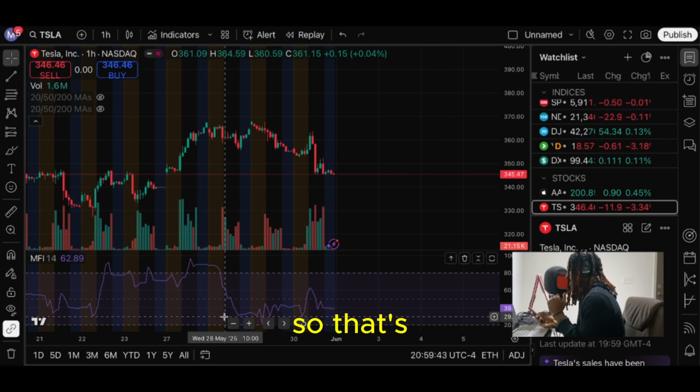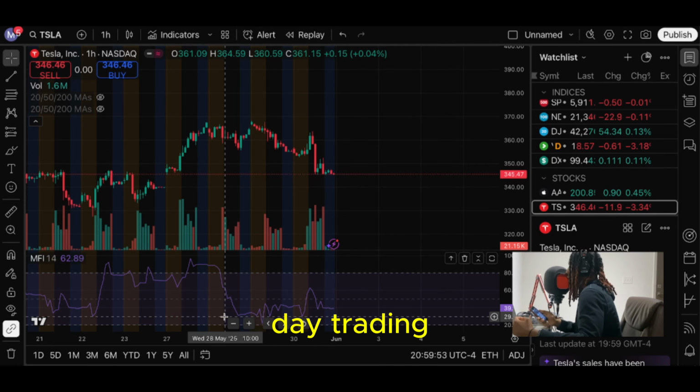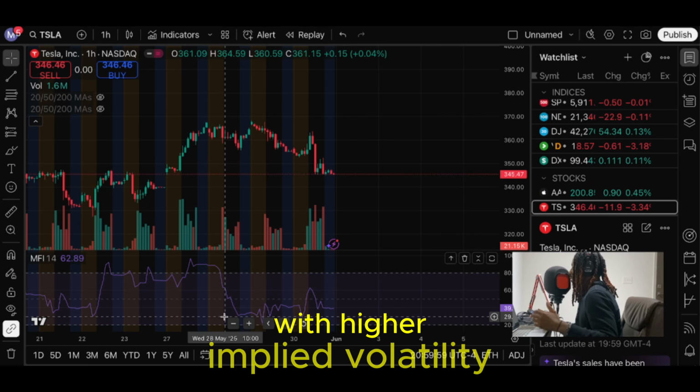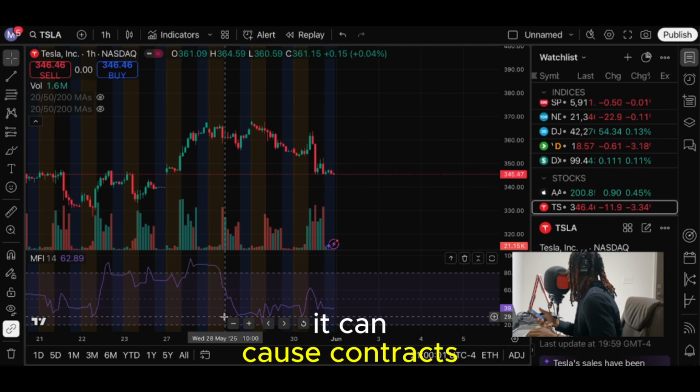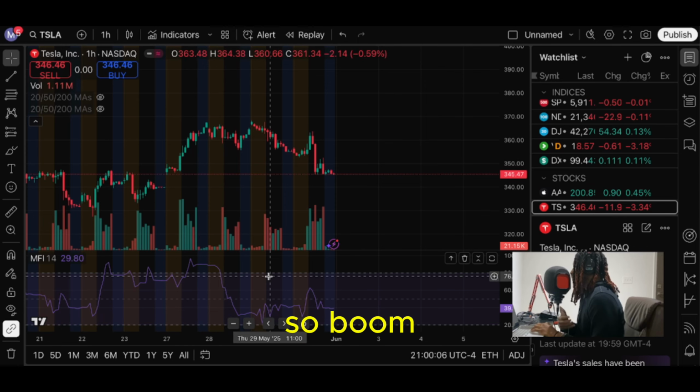So that's why I like the money flow index, because it has a factor of the price movement and volume as well. And volume can play a big part in day trading options, because a lot of times volume can affect the implied volatility. And with higher implied volatility, it can cause contracts to become more inflated. So that's one of those things that we look at.